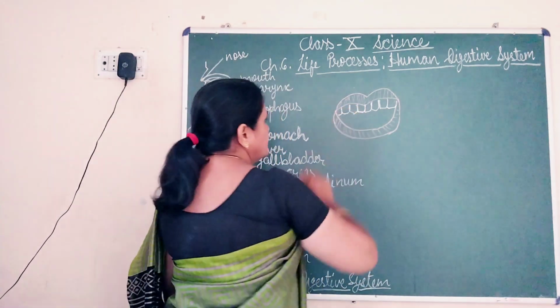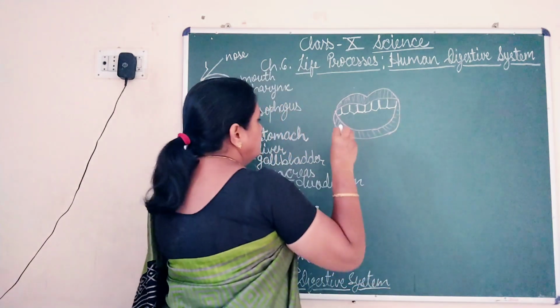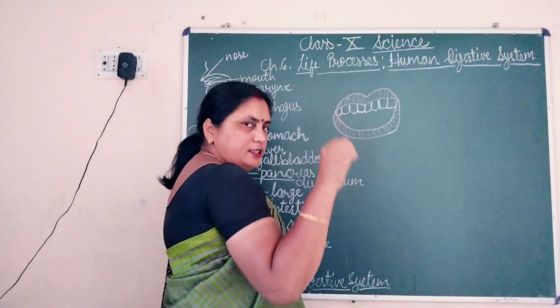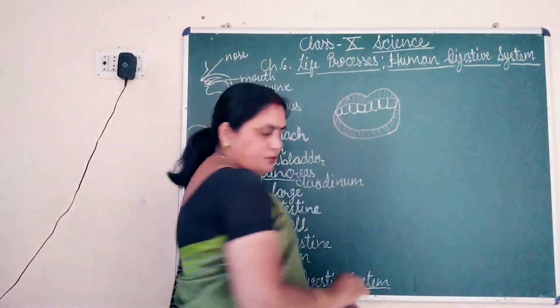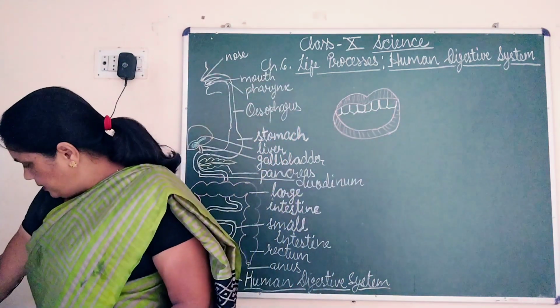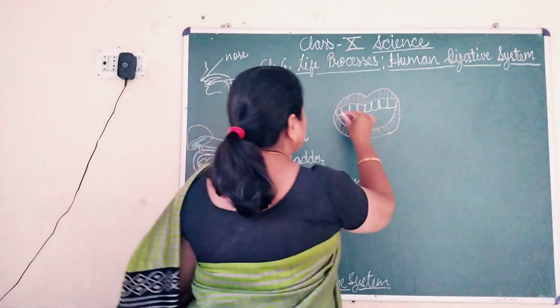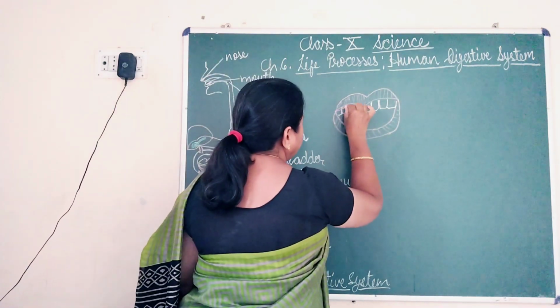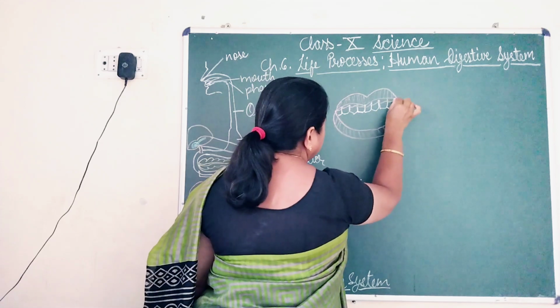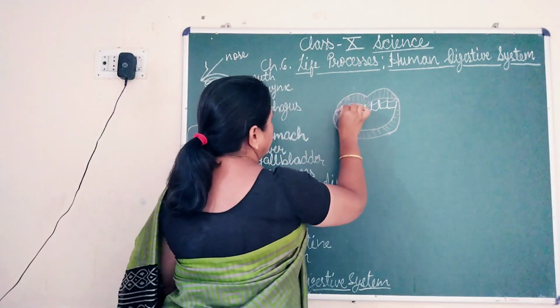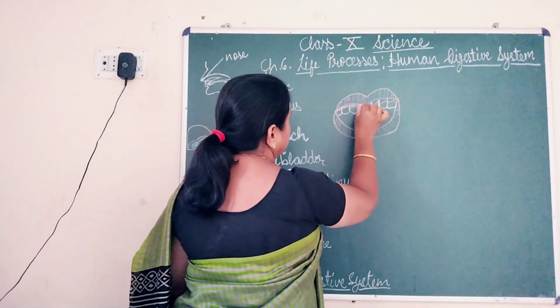The teeth are fixed in jaw bones, and the pink part in which they seem to be fixed is called the gum. So teeth are fixed in the jawbone with the help of gums. Here these are the gums.